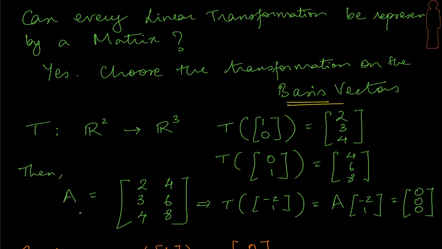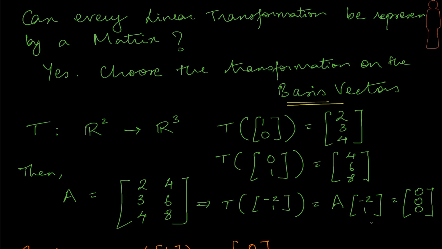That simple it is to form the matrix A. If we want to attempt it on another vector, say (-2, 1), all we have to do is multiply the matrix A with (-2, 1), and in this case it happens to be (0, 0, 0). We can try this multiplication and check.